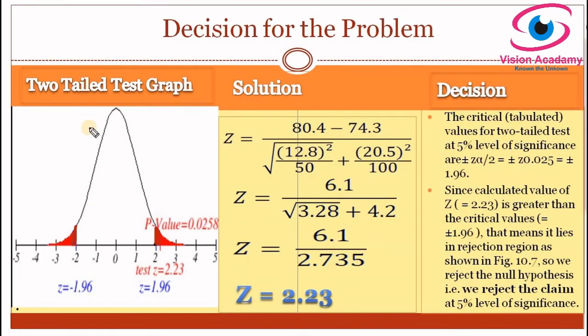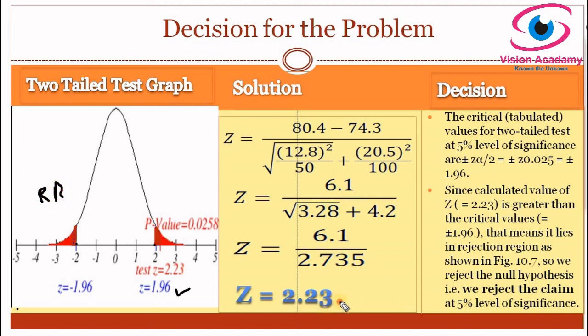Now I will plot the critical value and tested value into the graph. Our critical value is 1.96 for 5% alpha, which is marked on both sides of the graph. The whole red shaded area is the critical region. So here after 1, somewhere here we will find 1.96. Before 2, somewhere we will find 1.96, which is marked on both sides. The red shaded area is the rejection region on both sides.